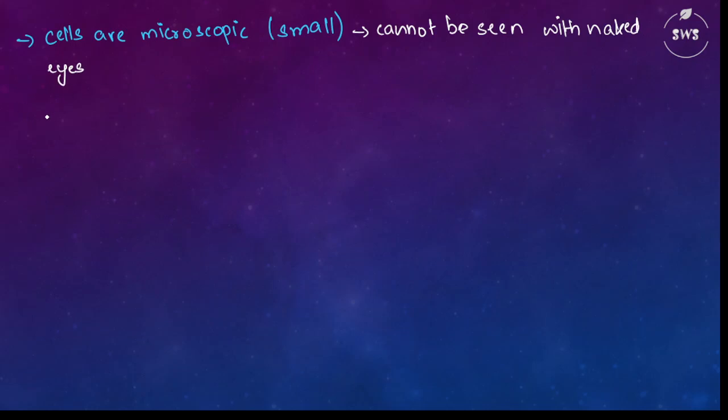So how were we able to see the cells? Because the cells are microscopic in nature and we cannot see them with our naked eyes, we were not aware of the existence of cells.